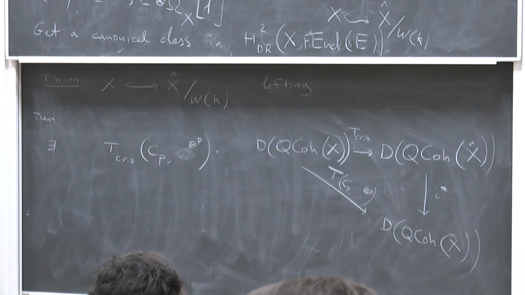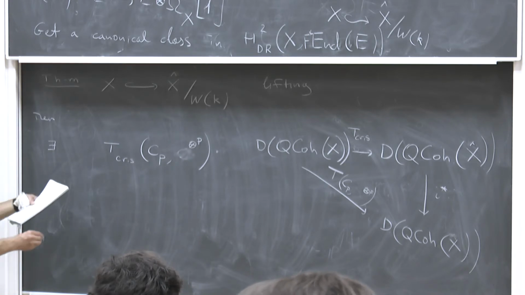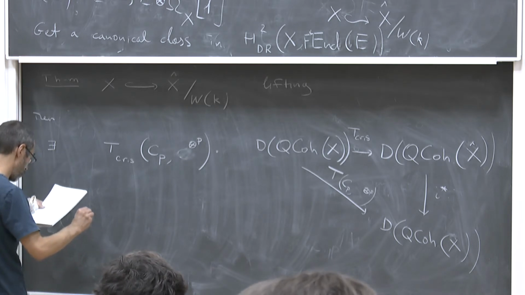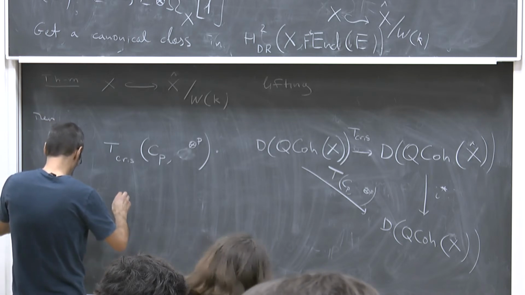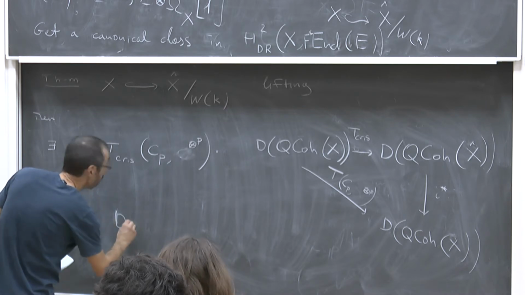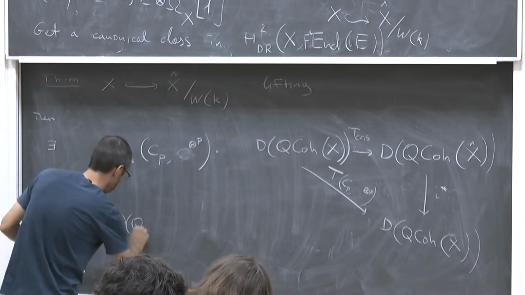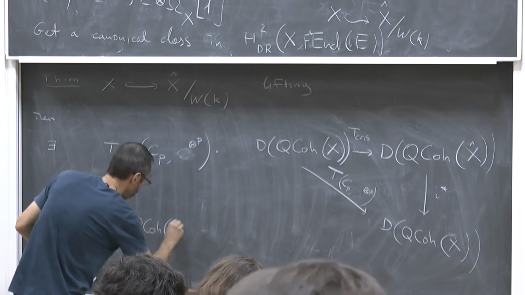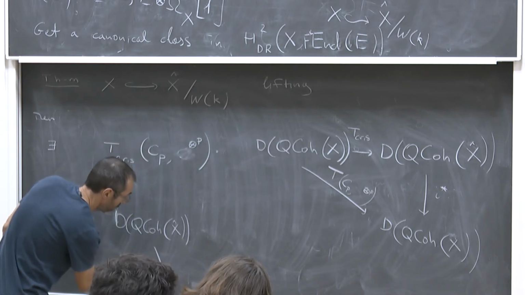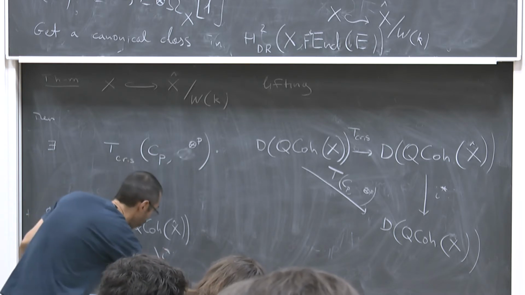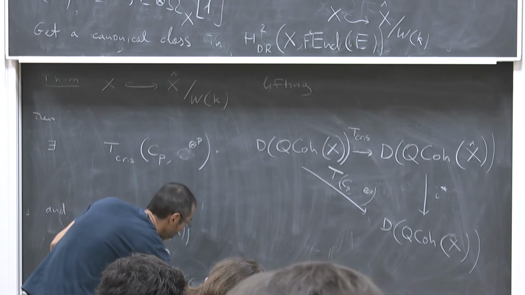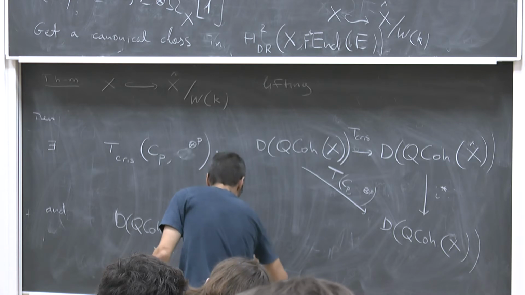Okay. And the second property is that if I, on the other hand, consider the composition, if I start with a complex of coherent sheaves on S hat, then first apply I upper star to get a complex of quasi-coherent sheaves on S, and then apply this functor T quiz.